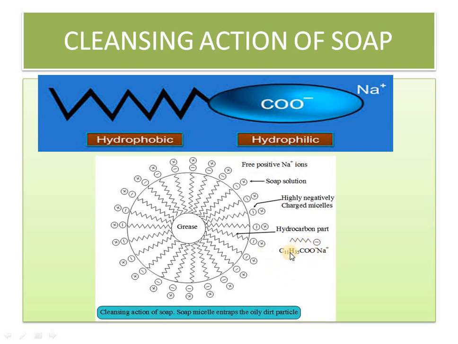So this is why the R part is hydrophobic, and this is a tail, and the head is towards the one who is washing the clothes, and the tail will be loosening the bond between the grease and the fabric, and it will dissolve the grease, and when you splash water or rinse with water, this grease will go along with the soap molecules, and this is the critical micellization concentration taking place, and Kraft temperature and CMC are important in this cleansing action of soap.